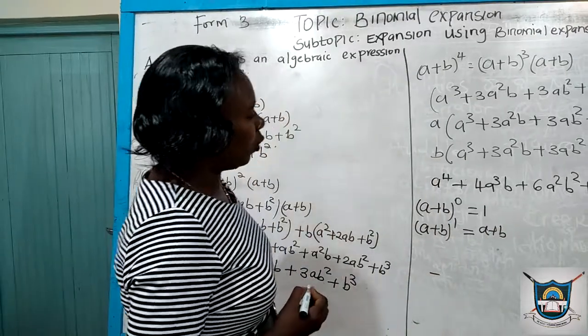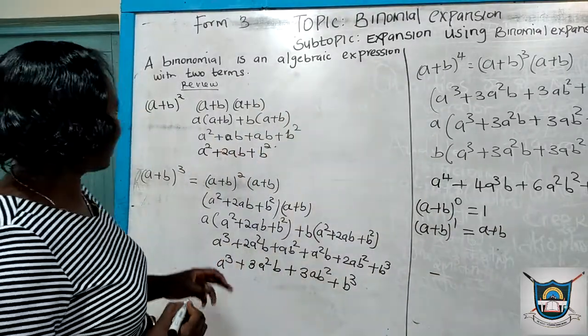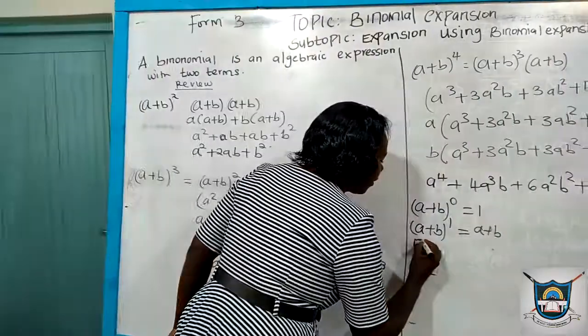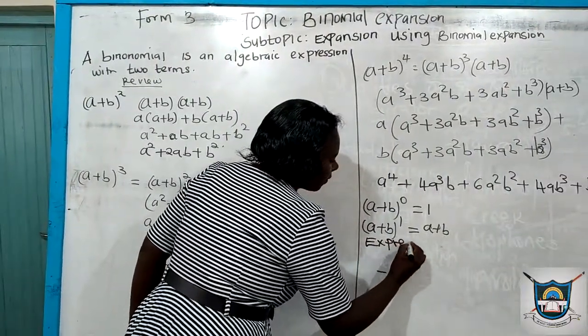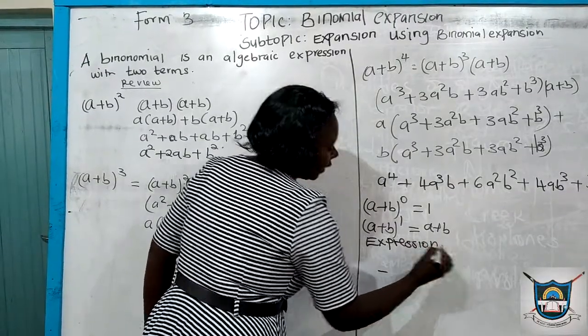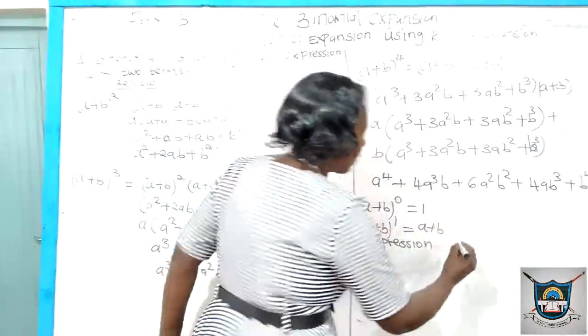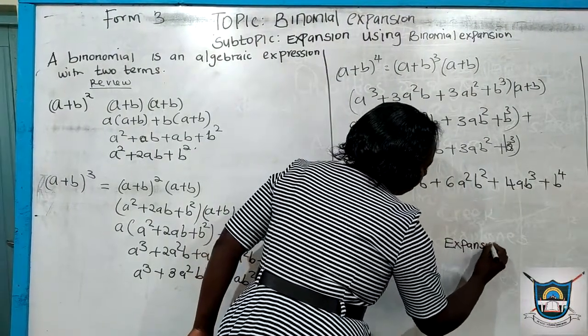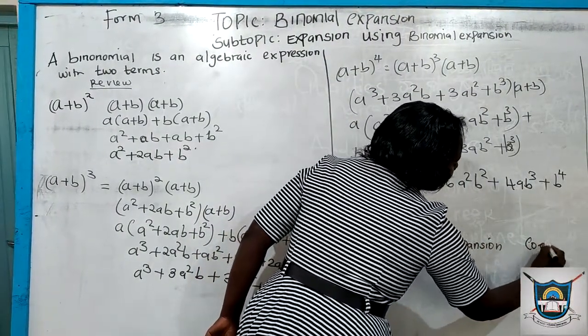Now, looking at that, we have already done (a + b) to power 2, so I'll write a table here of the expression. We also have the expansion and its coefficients.